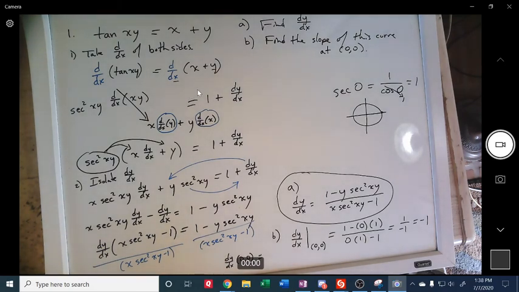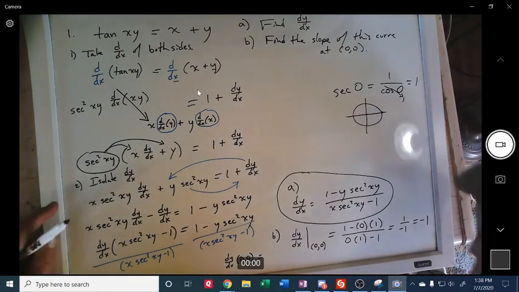No, so from the original tan xy, I actually saw it as tangent of x times y, and then used product rule and took the derivative, and it ended up giving me the same answer. So, from what I think you're saying, let me see if I'm getting this right.